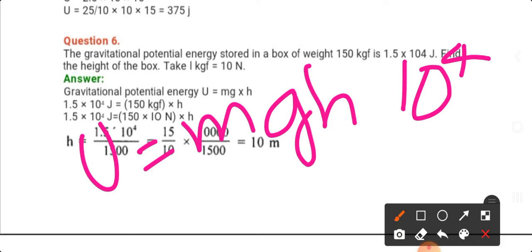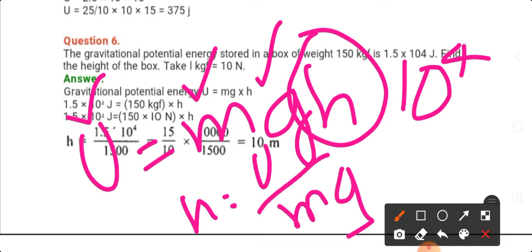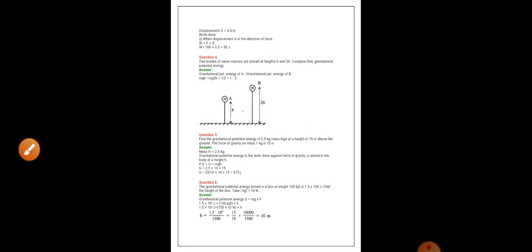U is given, m is given, g value is given. You have to find out the height. So height will be equal to U by m into g. All these values are given, just put them in and calculate. Got it? So this is your question number 6.